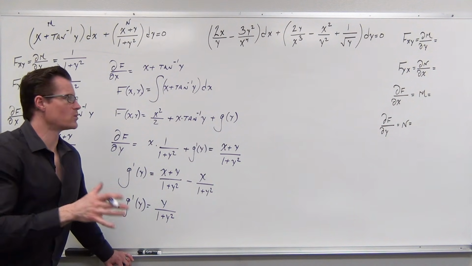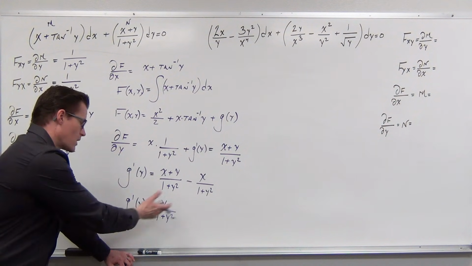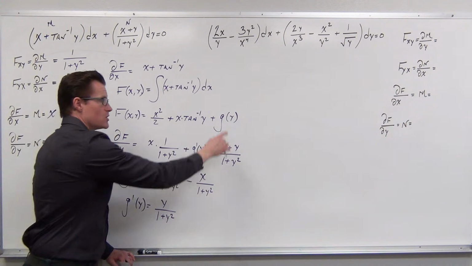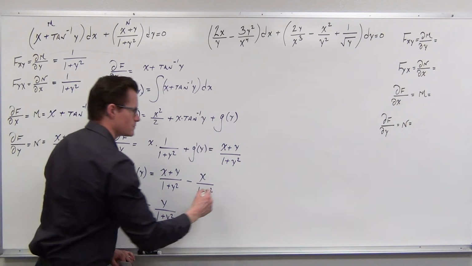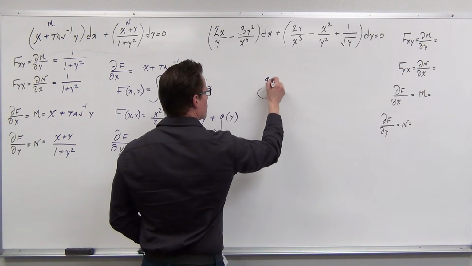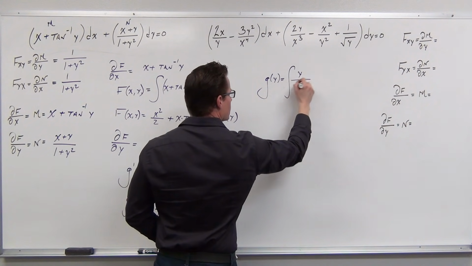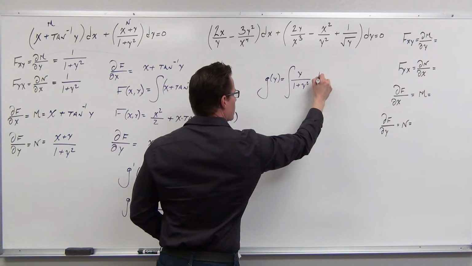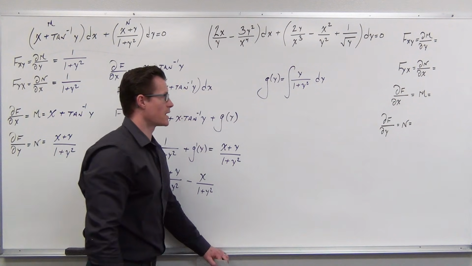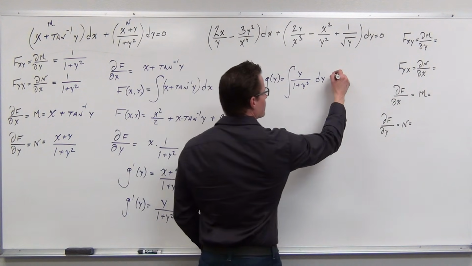And there's only one more thing we have to do. We've got to integrate this to figure out the missing function of g. So we're going to integrate. Looks like we're going to have a u sub here.